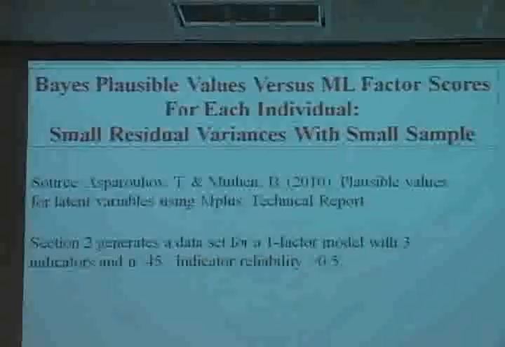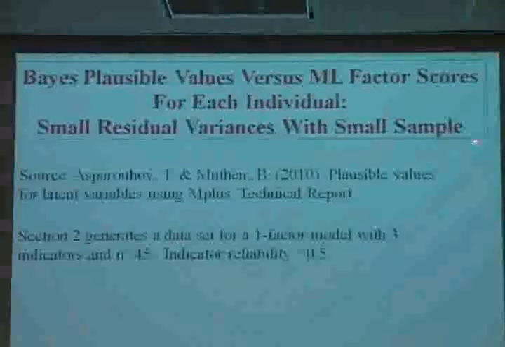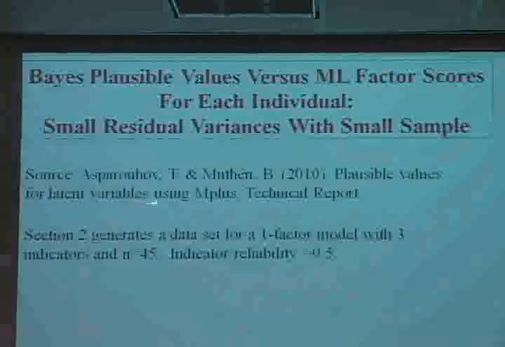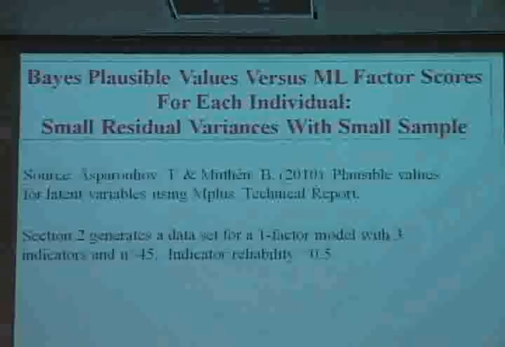Okay, so some of the good stuff now. Now I have to convince you why plausible values are so important, because they're much better than factor scores. I'm going to show you this example from a technical report on our website.